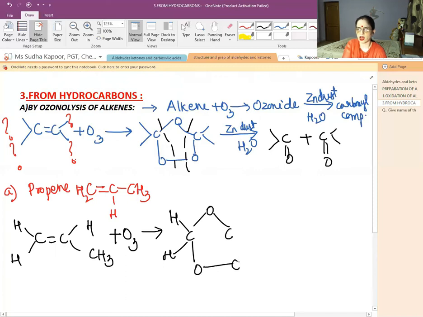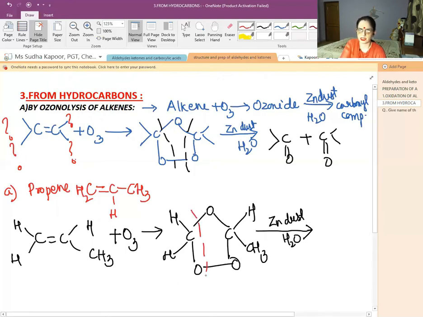Formation of the ozonide, how is it formed? It is just a hut-like structure, as in the primary, you used to draw the hut-like structures. Now when you add zinc dust and water, you will be getting the dissociated parts. The lysis of the ozonide takes place. This structure is known as the ozonide and it is undergoing lysis, that is breaking. So what you will be getting?